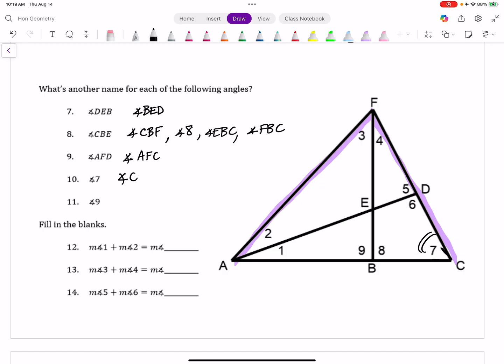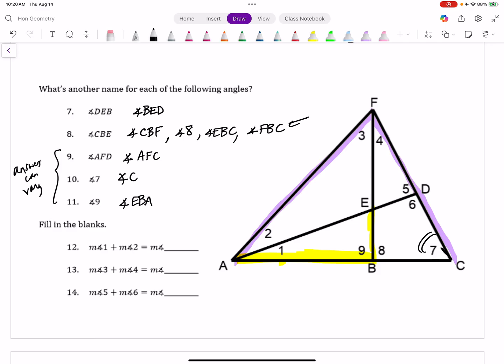And then angle 9, let's do this right here in yellow. So angle 9, let's just call it angle EBA. Again, there's lots of choices that you could have, so answers could vary here. This one, you only had to have one, etc.